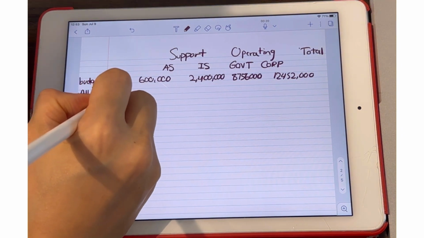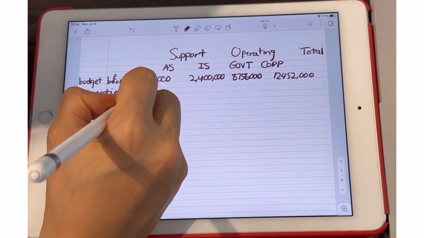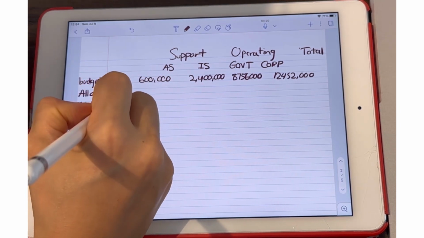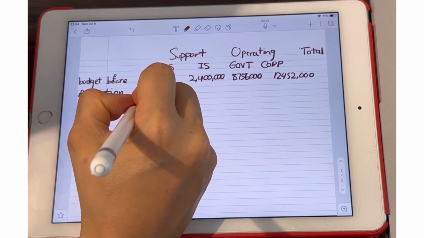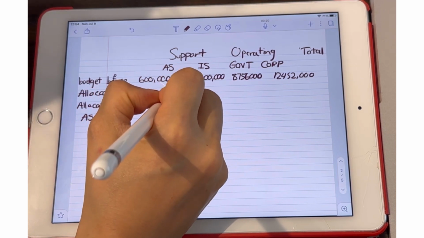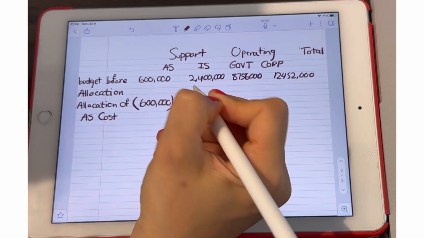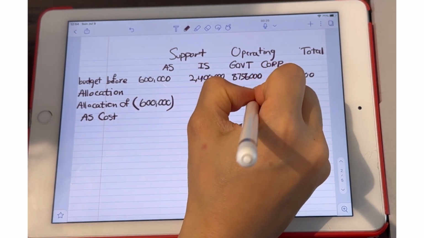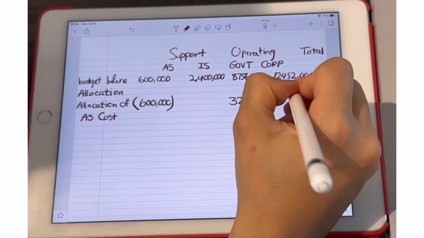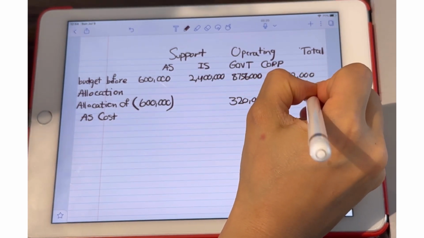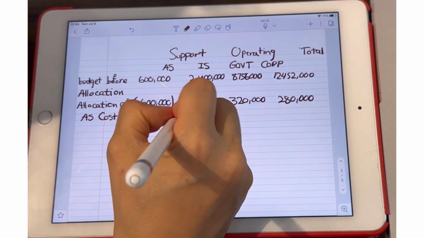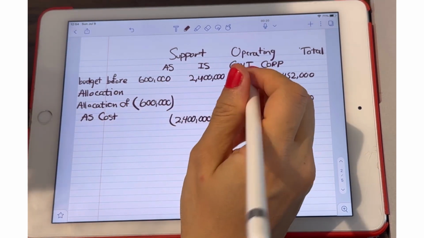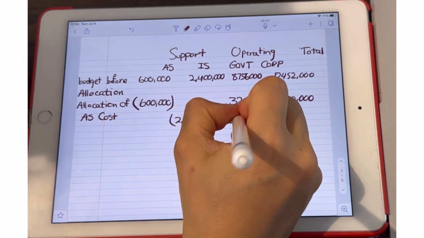And the second line is allocating the AS. These two numbers come from the first page that we calculated before. And then the third line should be the allocation of the IS cost.